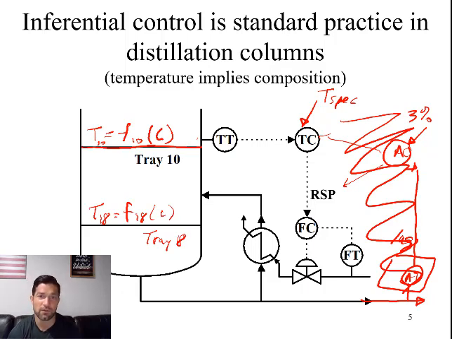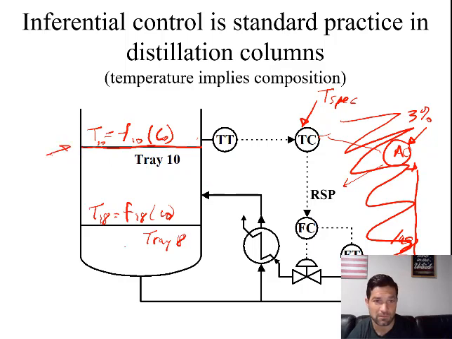So what we want to do for inferential control is we want to have a system that has a strong correlation with composition so that we can maintain accurate control. So here's what I mean by that. So this composition right here, let me specify this. So this would be the composition coming out.